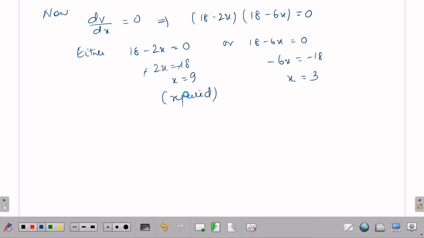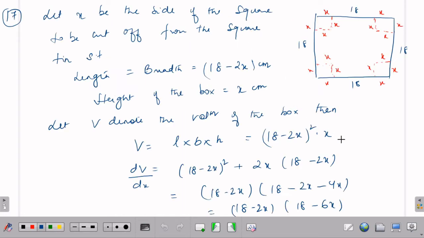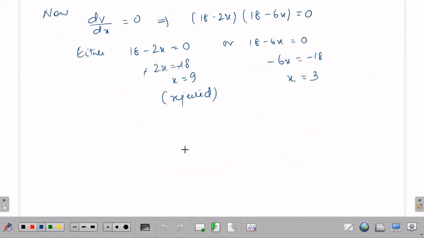Okay, I forgot to give this one to be your equation number 1. So give this one to be equation number 1. So next step would be differentiating equation number 1 with respect to x. I'll get here d square V by dx square. Remember, your equation number 1 is (18 minus 2x) and then (18 minus 6x). So I have to use nothing more than your product rule.